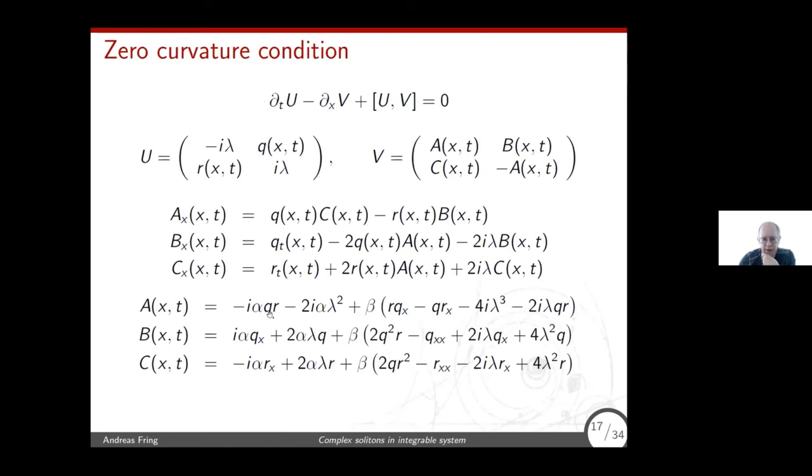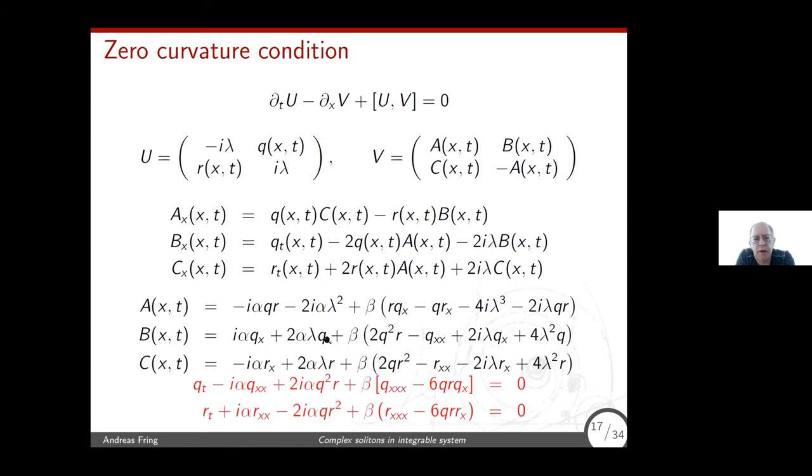All these quantities are known. And once you work out the zero curvature condition, you get two equations. These two equations over here in red are the equations which come out of this zero curvature condition.